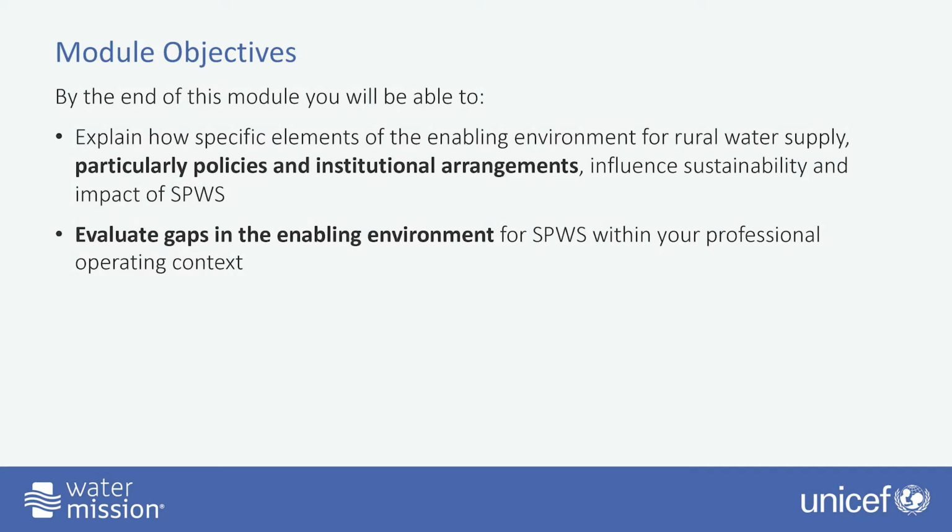If you fully engage in this module, by the end, you'll be able to explain how specific elements of the enabling environment for rural water supply, particularly policies and institutional arrangements, influence sustainability and impact of solar-powered water systems. You will also be able to evaluate the gaps in the enabling environment for solar-powered water systems within your professional operating context.